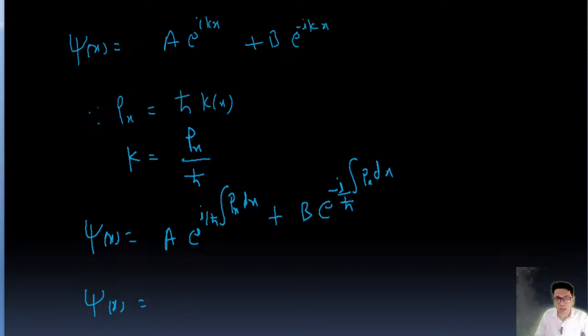Now psi x is going to be 1 upon root px, this is the momentum in x direction, so this is going to be a e to the power iota alpha plus b e to the power minus iota alpha. This complete value, let's say it's alpha.